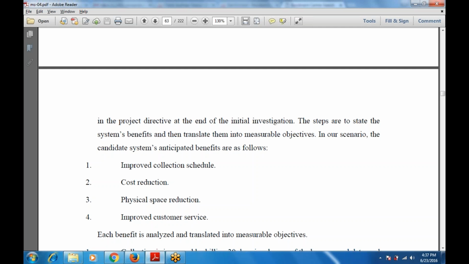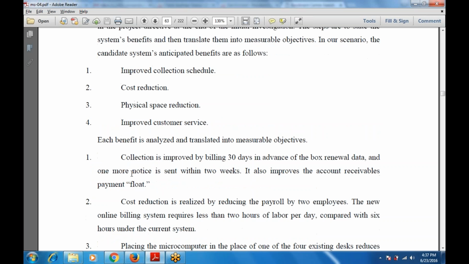Each benefit is analyzed and translated into measurable objectives. The collection is improved by billing 30 days in advance of the box renewal date, and one more notice is sent within 2 weeks.